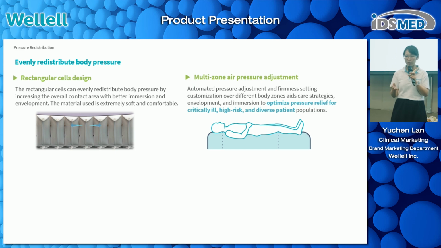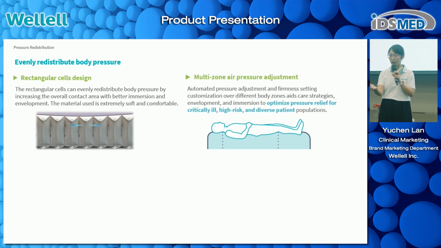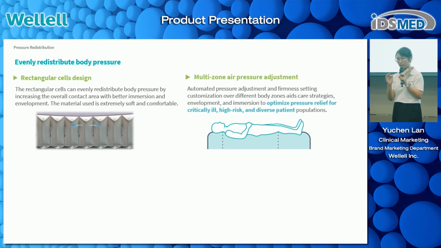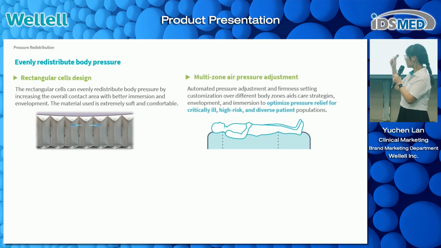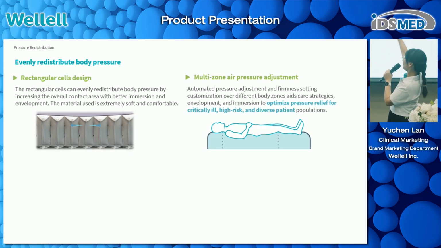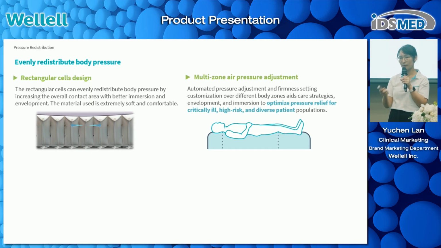So generally, we could offer different inner pressures in the air cells to provide better immersion and envelopment for our users. Okay, so if we have very severe high risk pressure injury patients, then we could suggest they have the multi-zone air adjustment mattress.